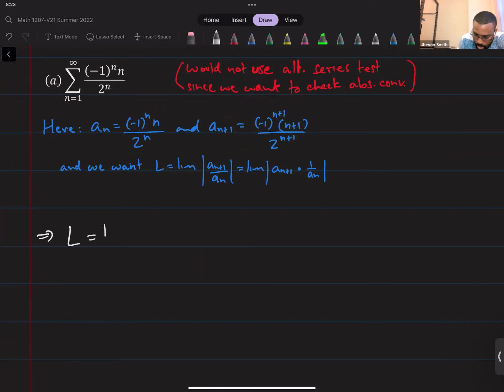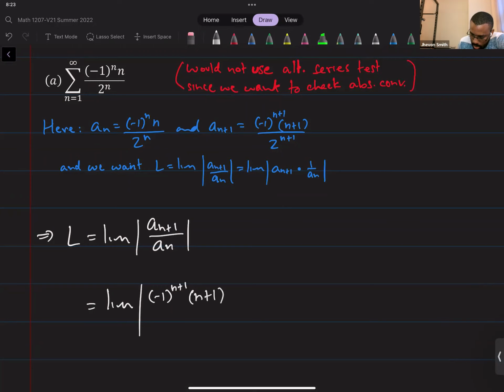So that brings us to L equals the limit of a_(n+1) over a_n, which I'm going to write as a_(n+1), which is (-1)^(n+1) times (n+1) over 2 to the n+1, multiplied by the reciprocal, so 2 to the n over (-1)^n times n.